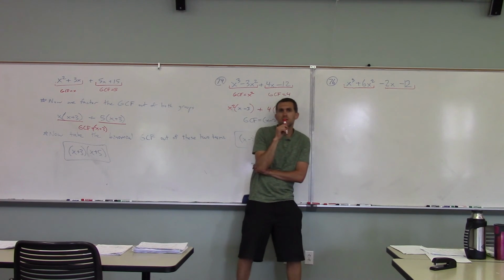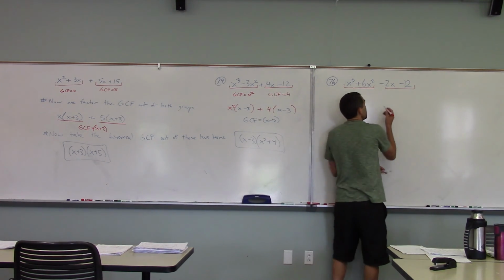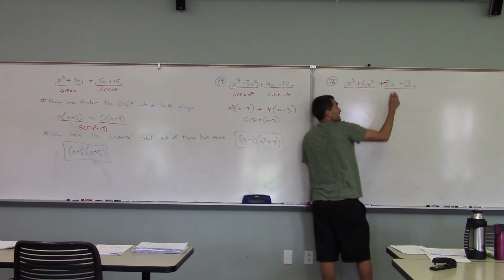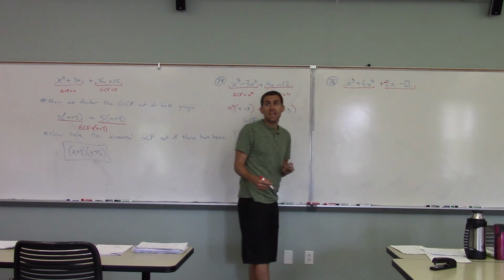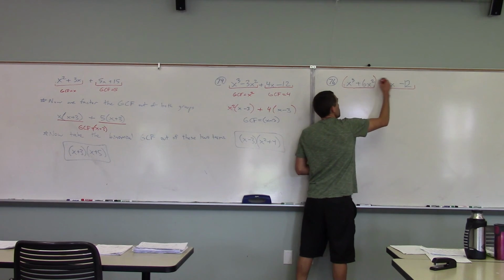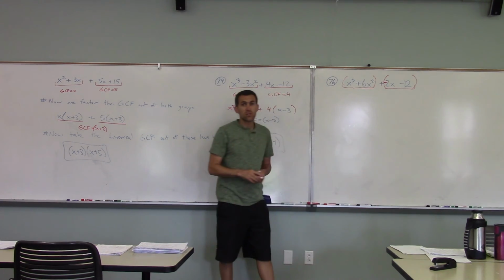Could we do a plus sign, by the -2x, and then a negative right there too? Yeah, exactly. So just change the subtraction to adding a negative, and now you've got one group plus another group. That's totally okay, right?